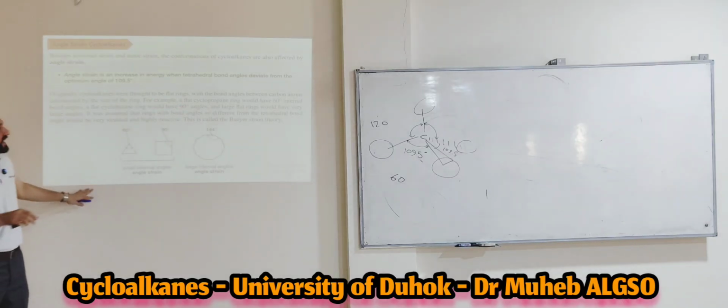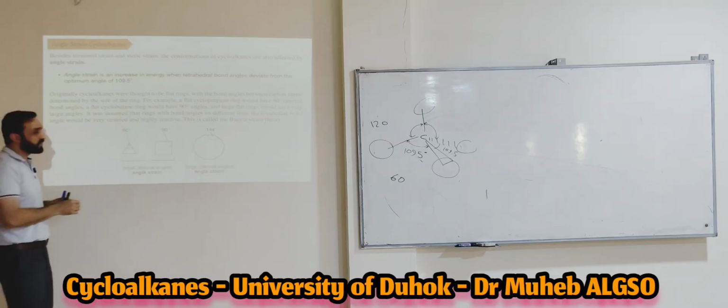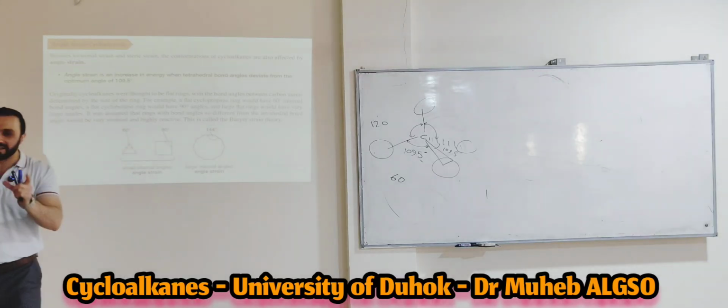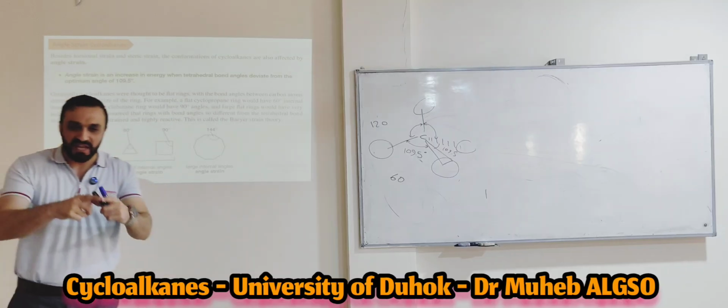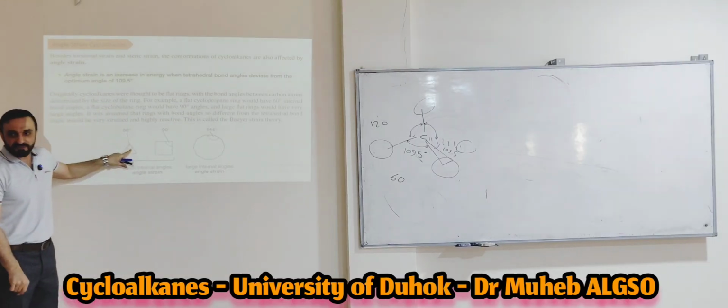In one plane, the bond angle between carbon atoms is determined by the size of the ring. If I say this angle here is 60 degrees, is your cycle big or small? Small, because the angle is decreased from 109.5 degrees.